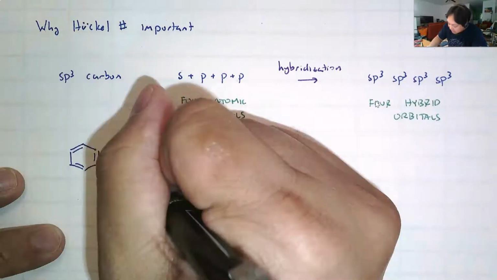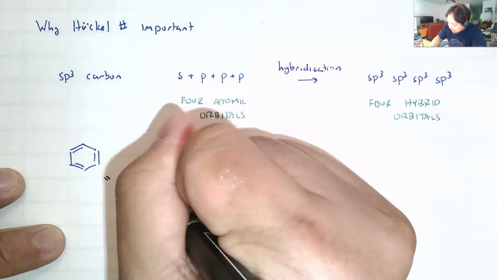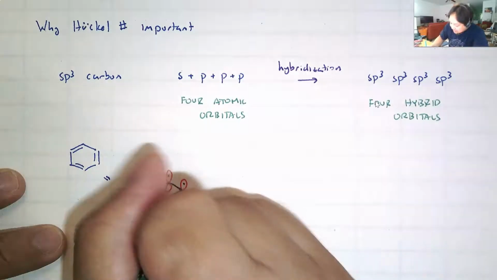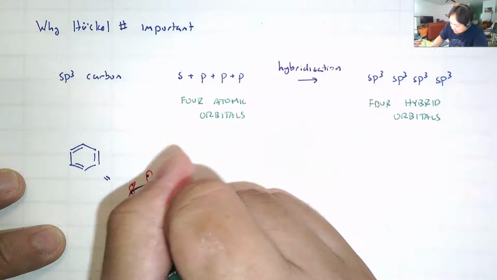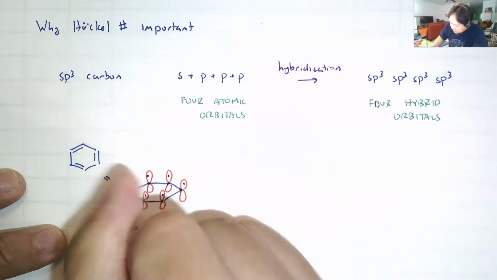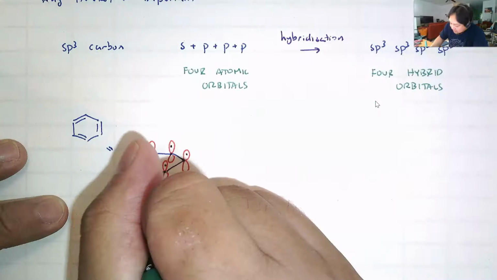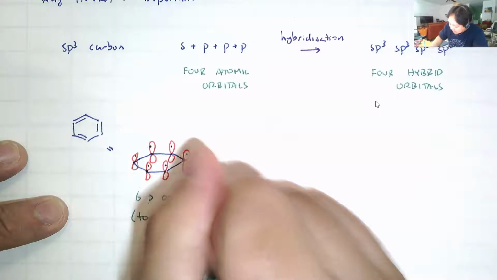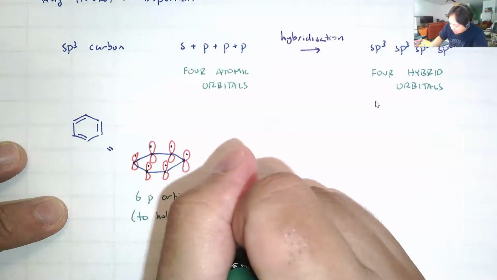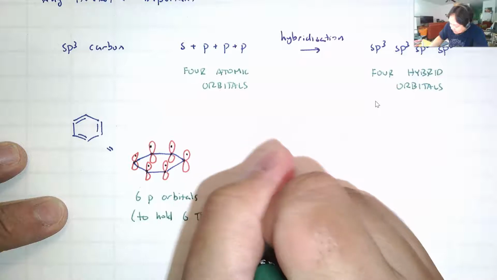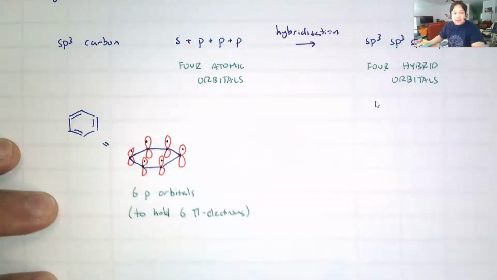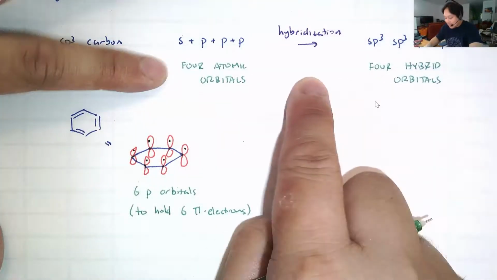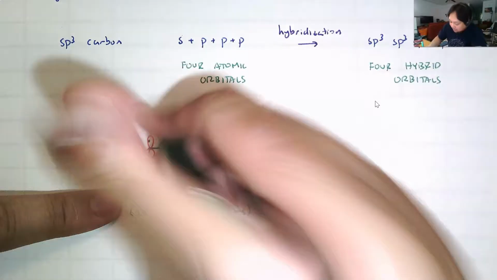And those pi electrons are pi electrons because they participate in making these pi bonds. So my conclusion here is that I have 6 p orbitals to hold the 6 pi electrons. Okay. What am I setting you up for? I'm setting you up to conserve the number of orbitals, because these are 6 p atomic orbitals.